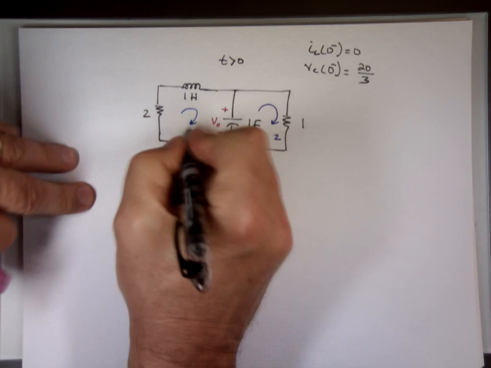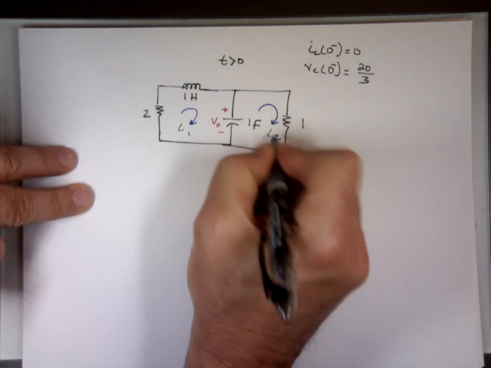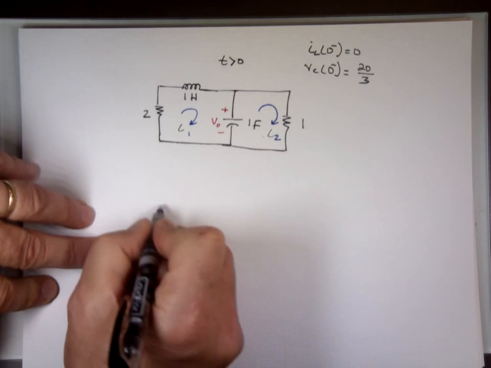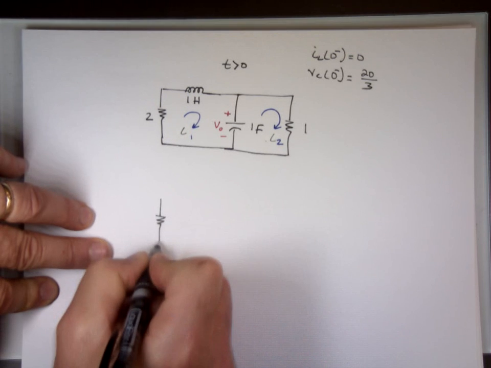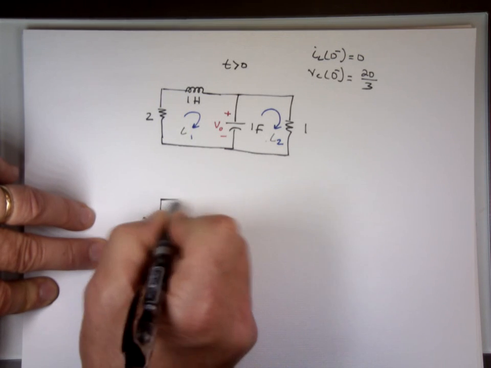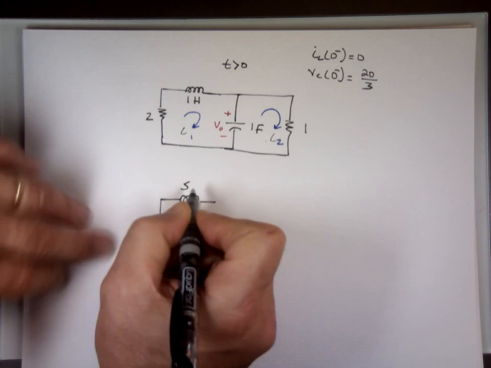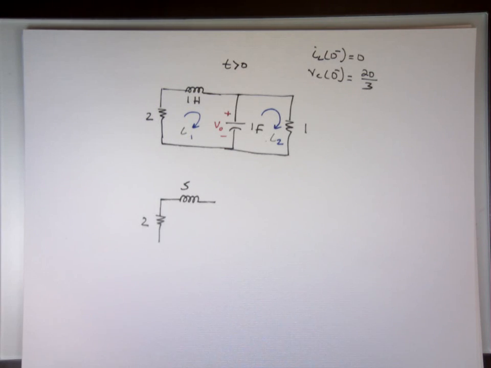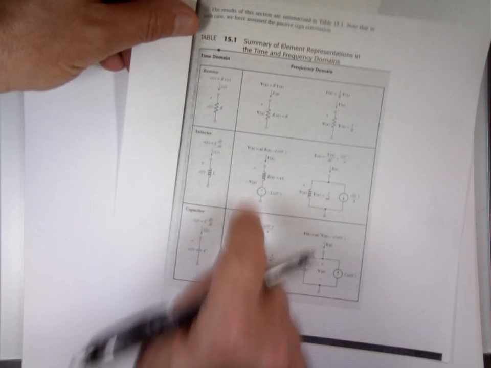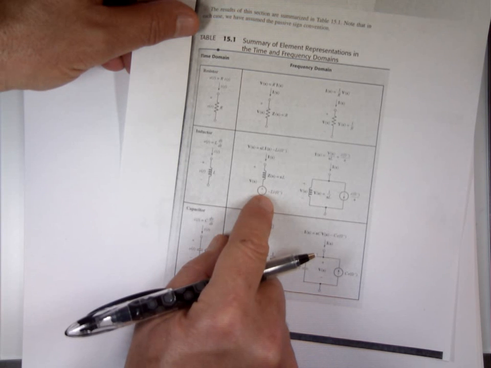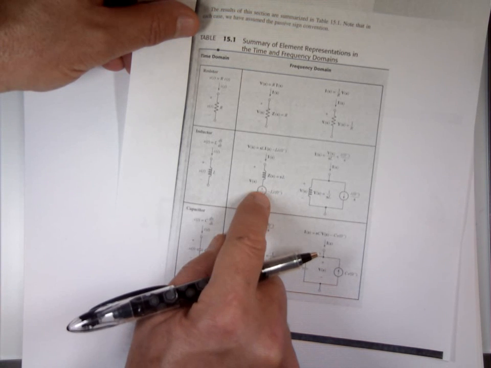Now let me change them to S domain. The resistor stays the same. The inductor is SL. L is 1, that's S. And the initial condition, which is 0, notice the inductor is SL and negative L i sub 0. Well, if that's 0, this is 0. So nothing else.